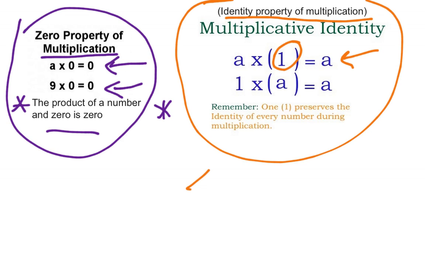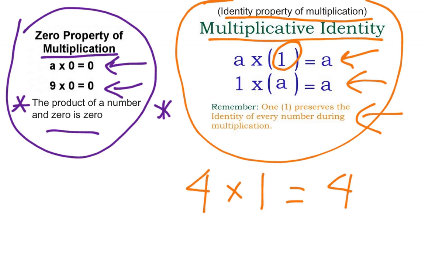So if I'm the number 4, there's a number I can multiply by myself to keep my identity. And that number is 1. So 1 is known as the multiplicative identity, and then its property looks like this. We've got it in words, numbers, and algebra. So all 3 ways in your notes, please.